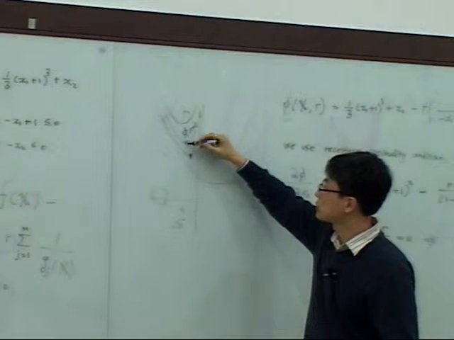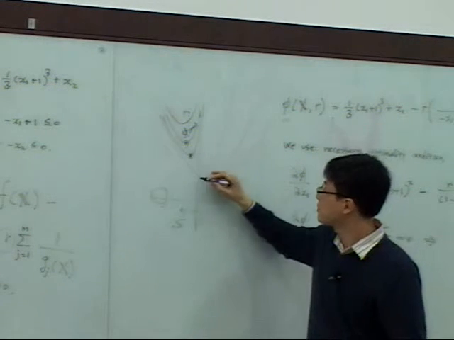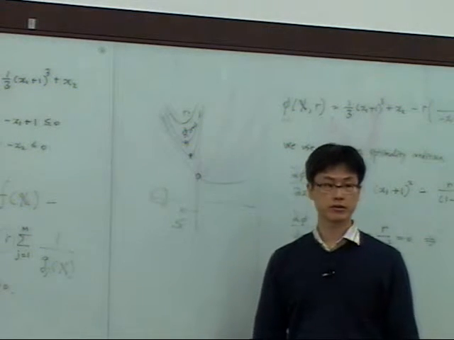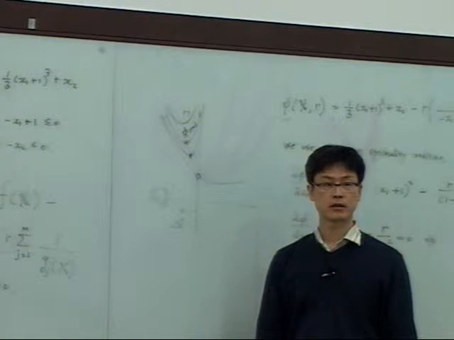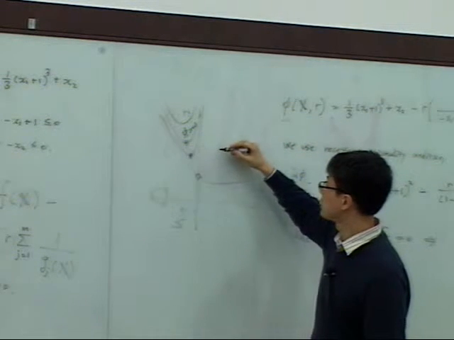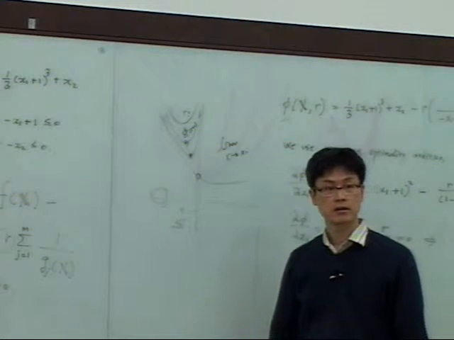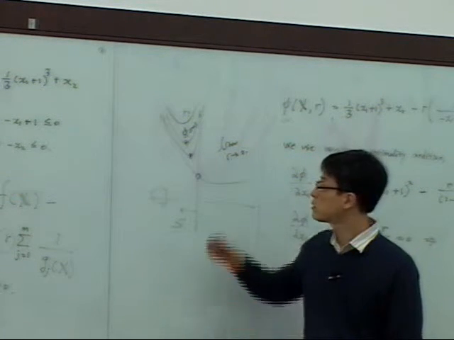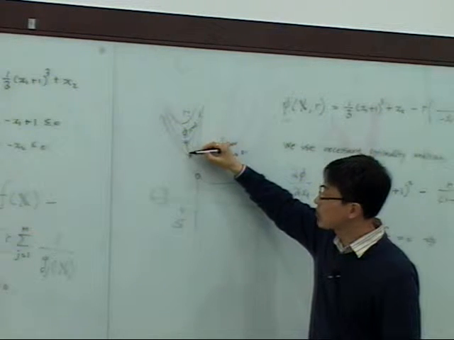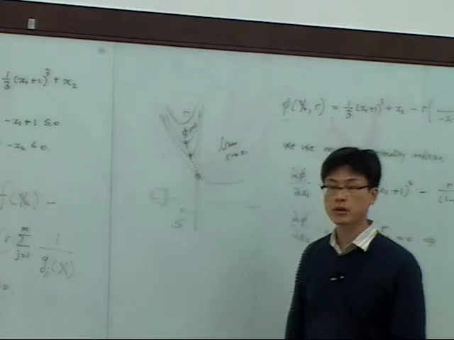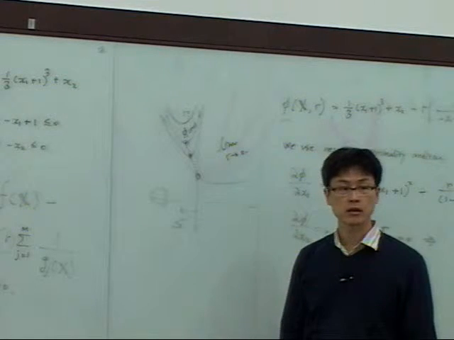But we'd like to find this exact solution. How? By taking the limit value of this. If R approaches 0, your minimum value will approach this value, theoretically.